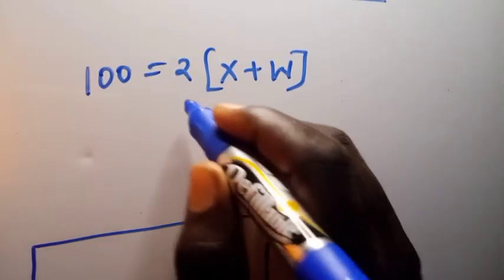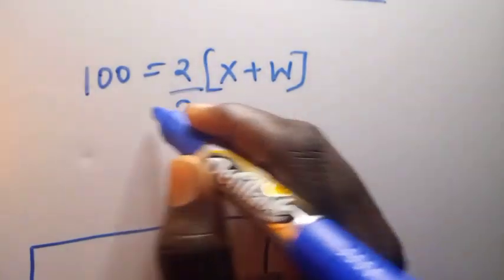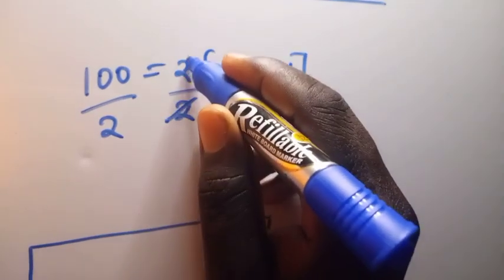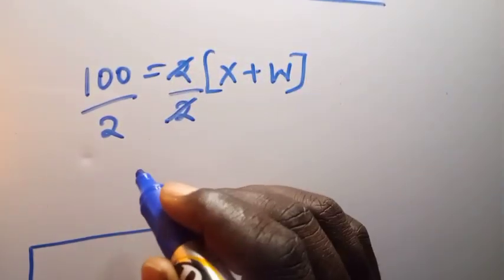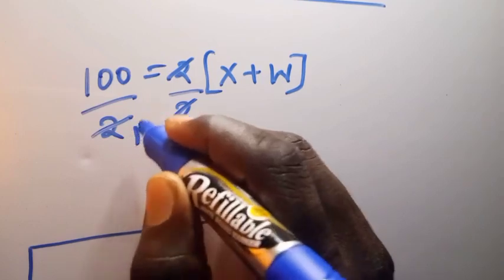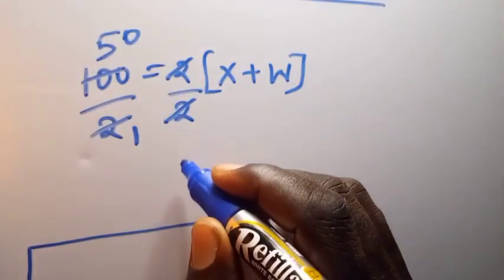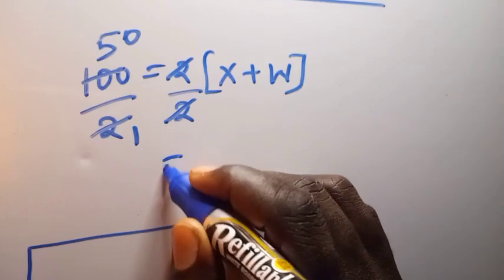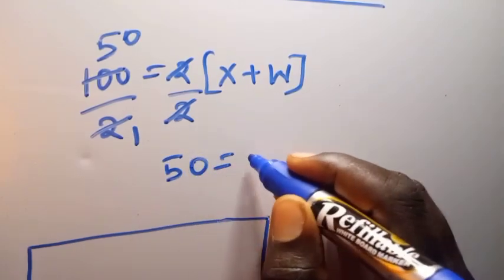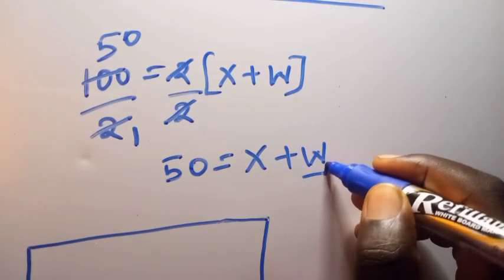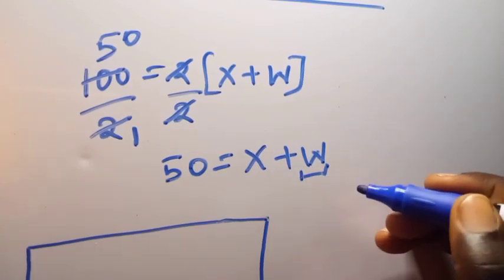Now, at this point, we can divide by 2 on both sides so that we can eliminate the 2 on our right. 100 divided by 2 is 50. So 50 equals x plus w. Now, we need to obtain w, which is the width.